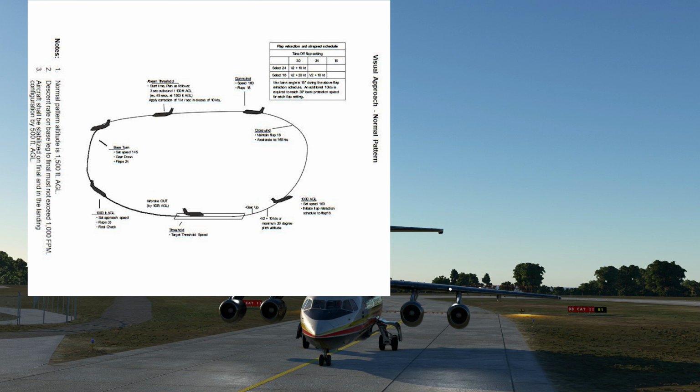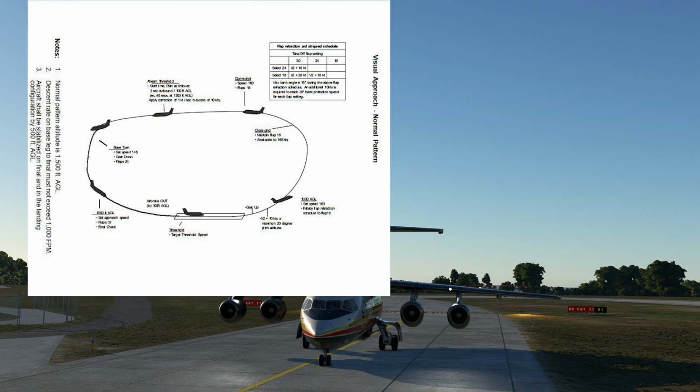Basically you depart the airfield, climb up to 1000 feet above ground level, maintain 160 knots, then in the crosswind leg again maintain 160 knots and keep flaps 18, then turn onto the downwind leg, same speed 160 knots and flaps 18.